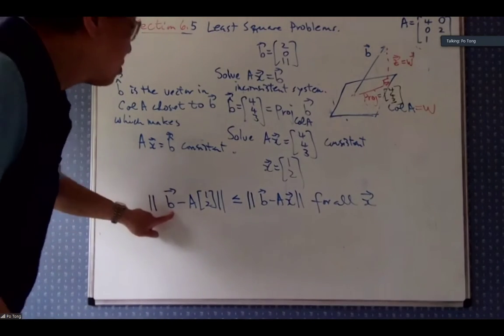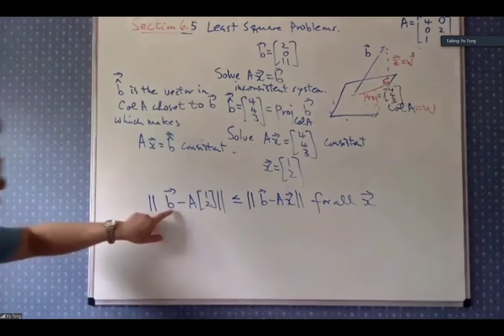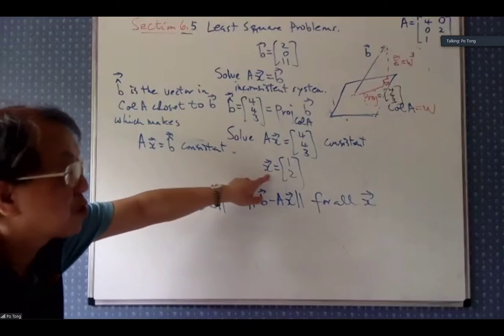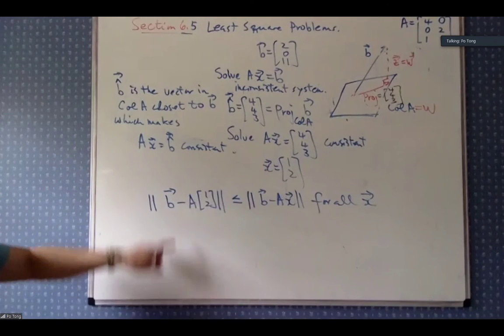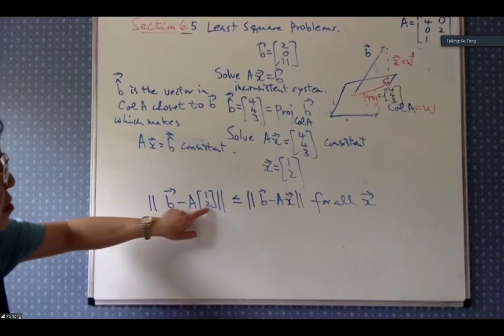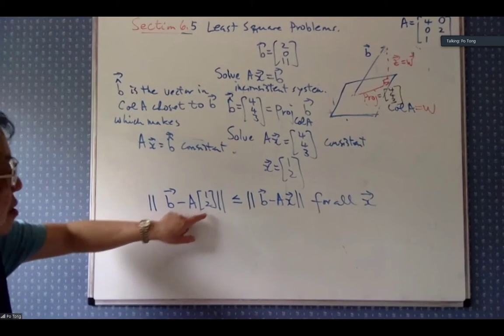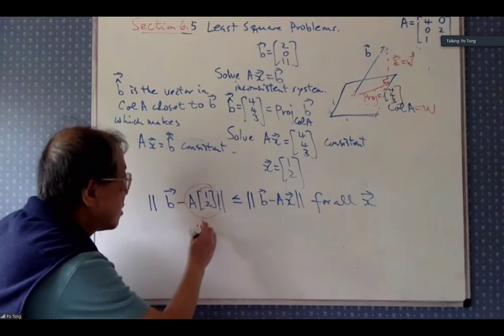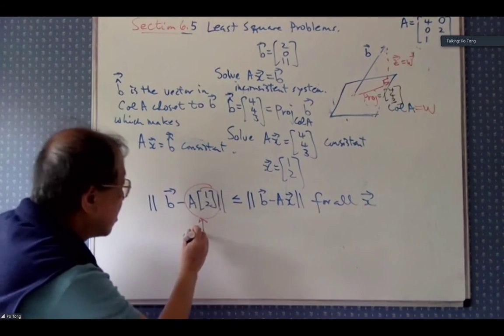Now this is the original vector B. Now I end up with this 1, 2. Now A times 1, 2 is actually 4, 4, 3.